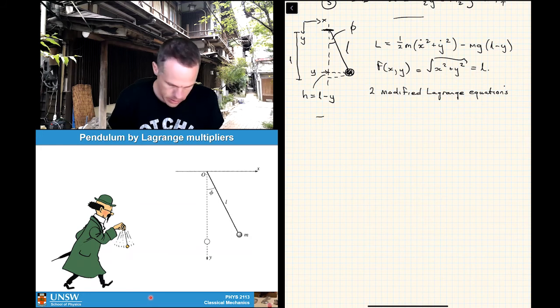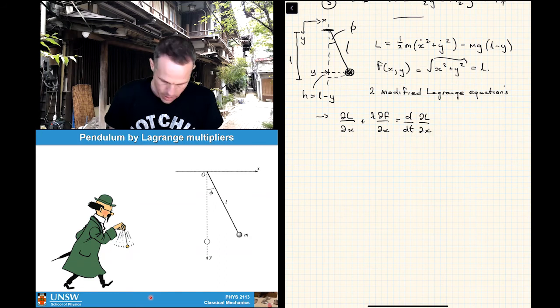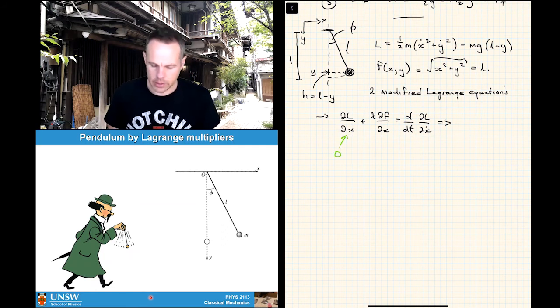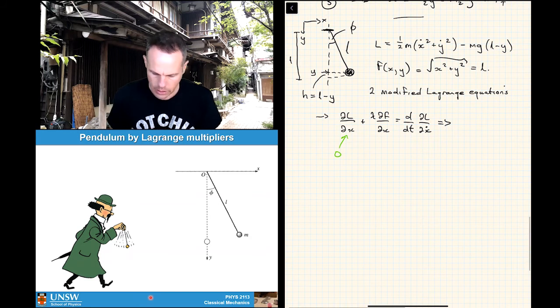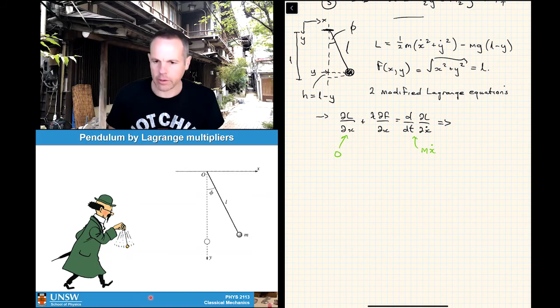The first one is dL on dx plus lambda df on dx equals d on dt of dL on dx dot. In here, the dL on dx term is going to be 0 because there are no terms in x in the Lagrangian. The right side is our usual m x dot, and then when we take the time derivative, we'll get m x double dot. Lambda is just lambda, it's fine.